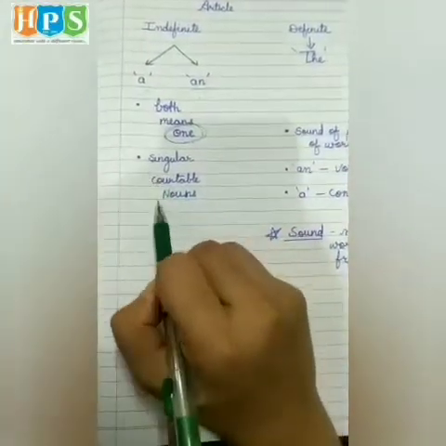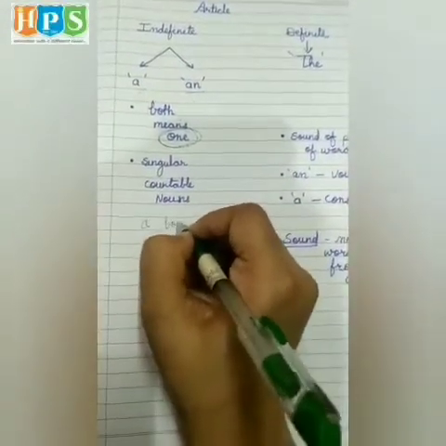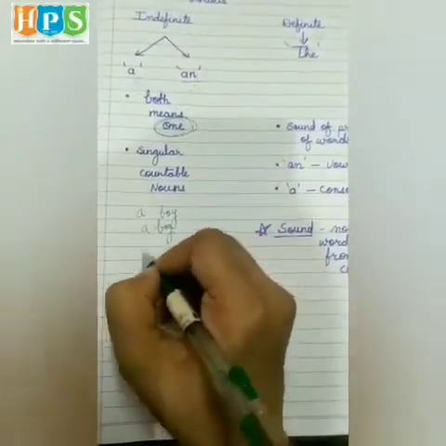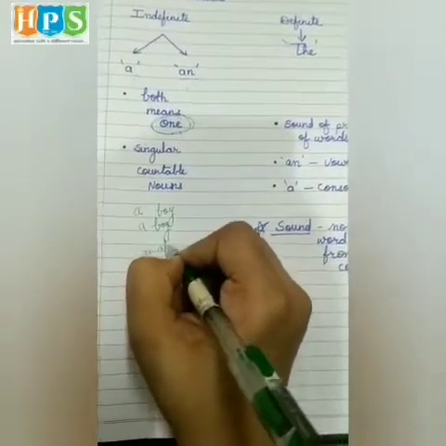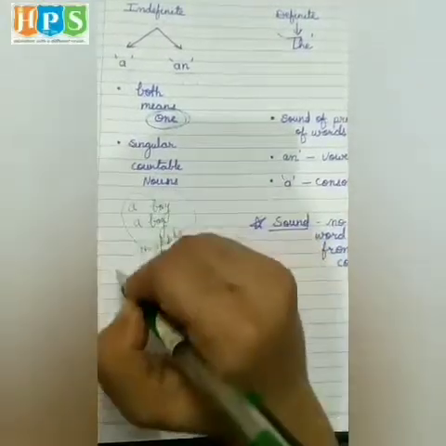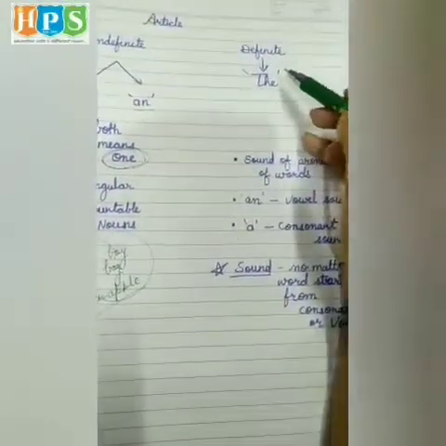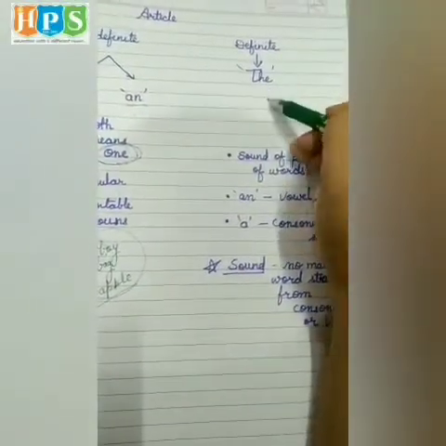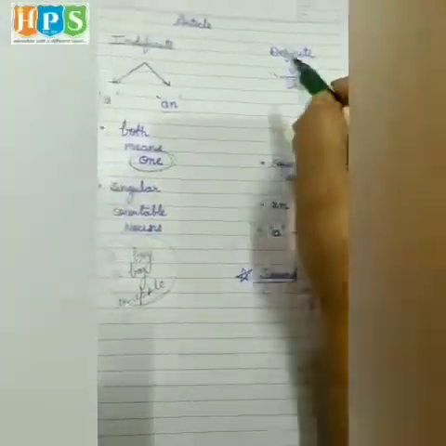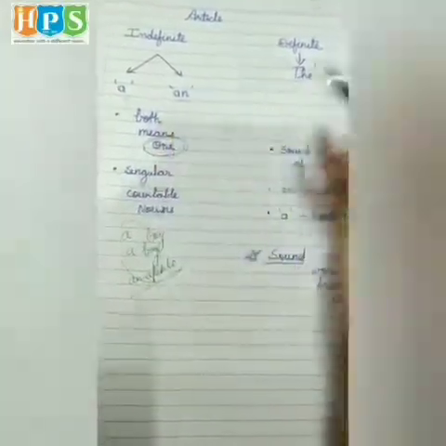For example, a boy, a bag, an apple. They are always used with singular countable nouns. Then we have the definite article, the. This we will discuss in our next class. Today we will read about a or an and how to use them.